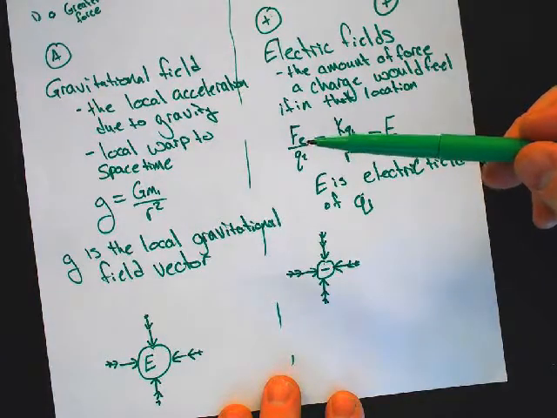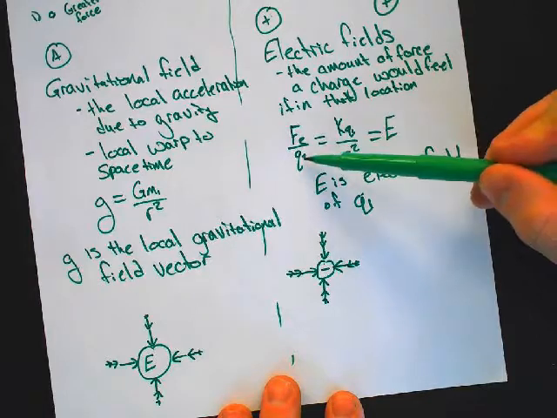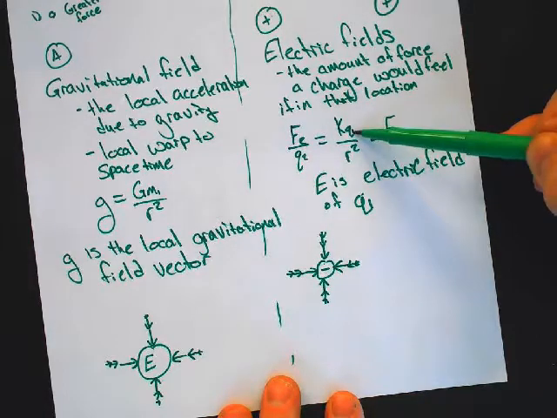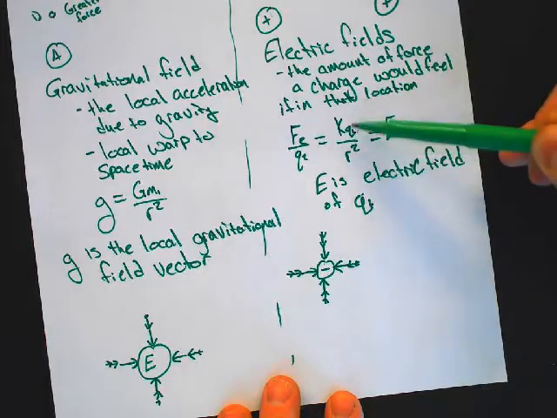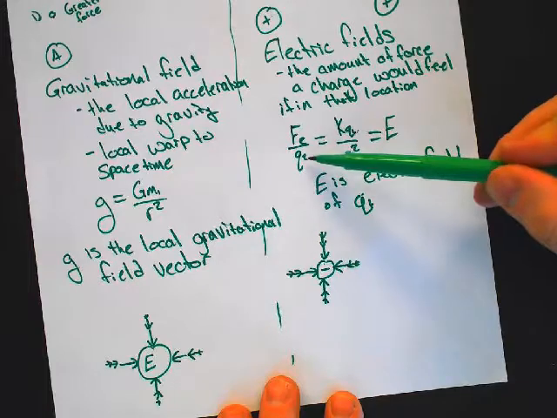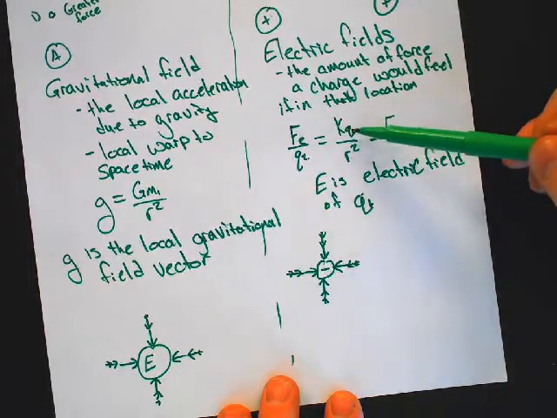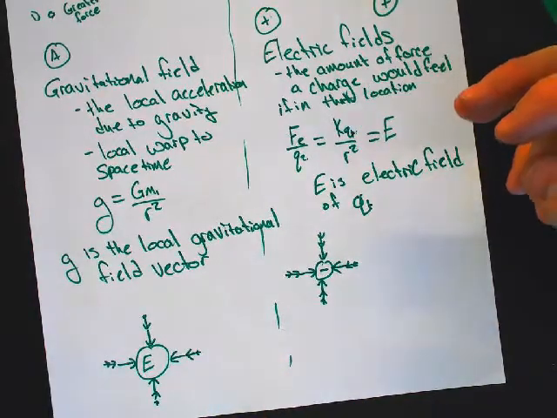Fe electric, or Fc if you want Coulomb force, both work. This Q is a 2, this Q is a 1. This is a lowercase q.